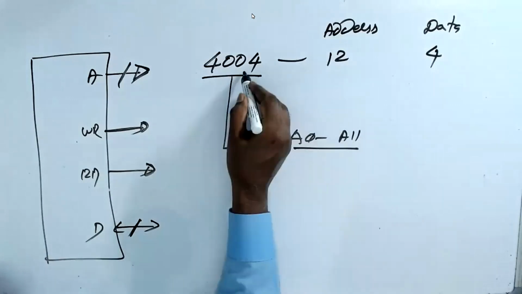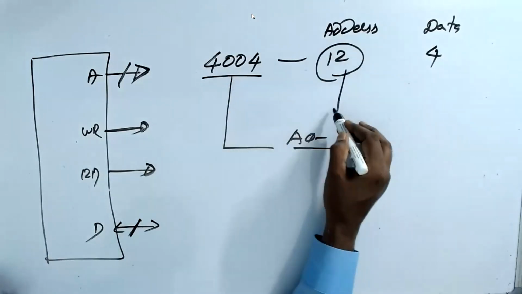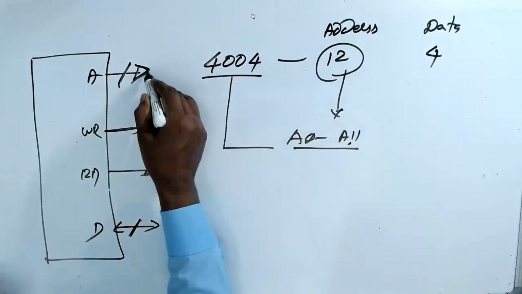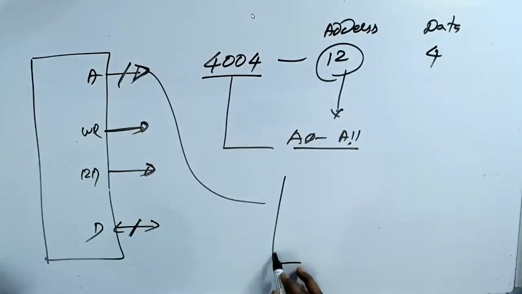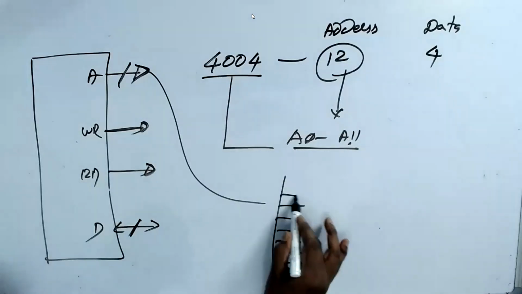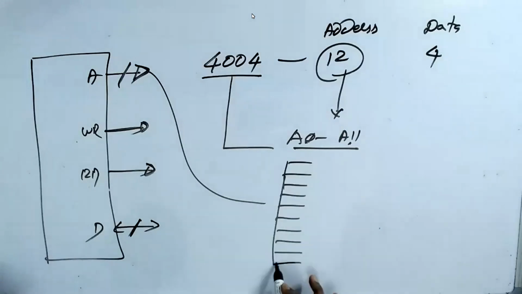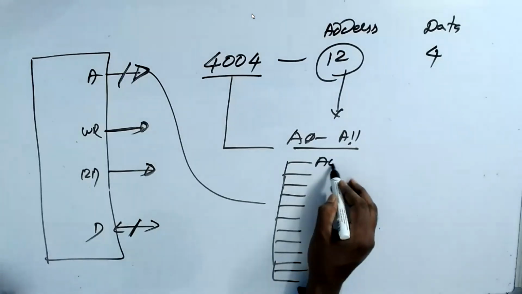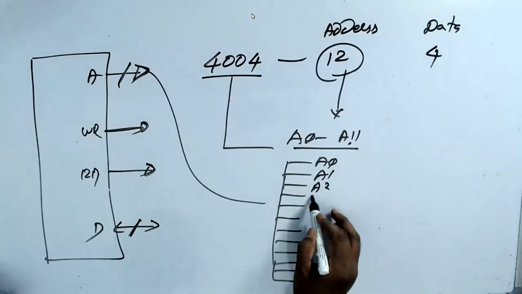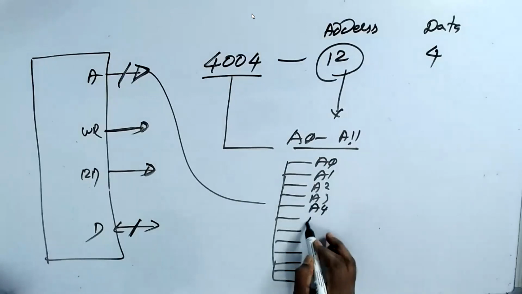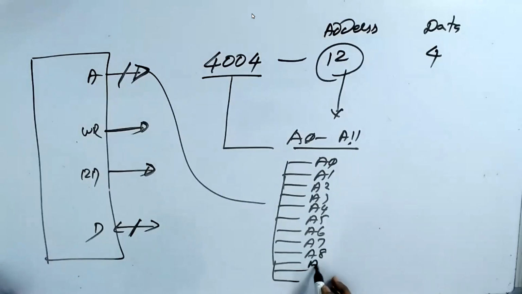When I say 12 means, that is what? That means these wires are 12 wires: A0, A1, A2, A3, A4, A5, A6, A7, A8, A9, A10, A11. Understand? This is what the 12 address lines.